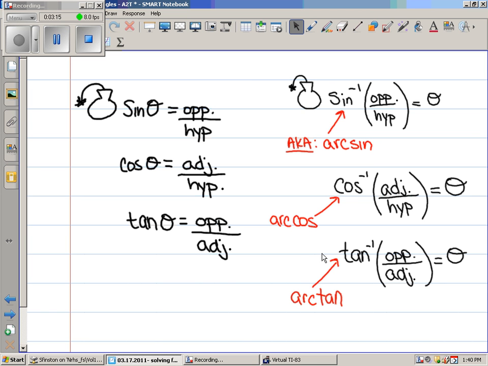In the original, theta would be x, and this fraction over here would be y, the sides. And in the inverse, the sides are over here, and theta's on the other side. Do you get it? A little bit? Inverse. Switch x and y. So these guys are the inverse: arc sine, arc cosine, arc tan.